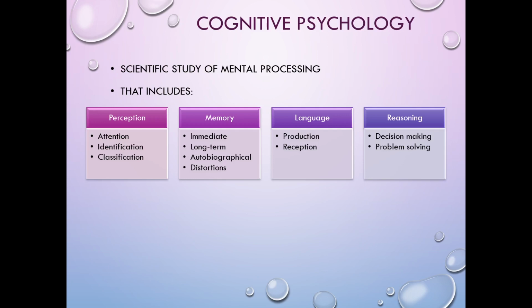So when we talk about mental processing, we're talking about a lot of things that happen inside a person's head that are not directly observable. And so that makes it tricky to study because we have to figure out ways to get the person we're studying to produce some kind of output that would make it clear that they have perceived something, for example, or that they remember something, or that they understood what was said or written down or signed, or what exact steps went into their decision making or their problem solving.